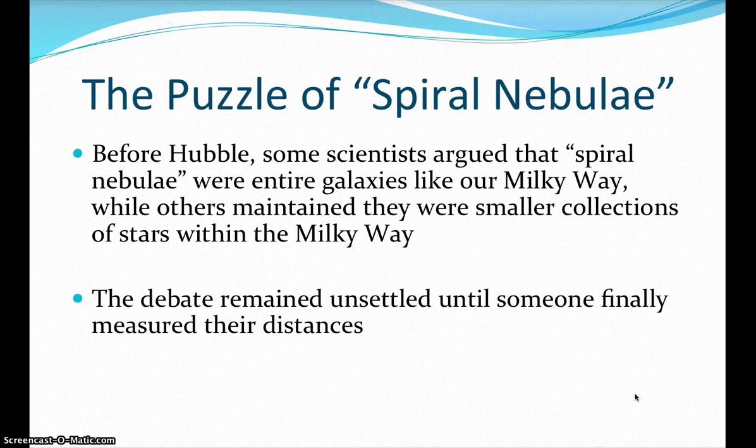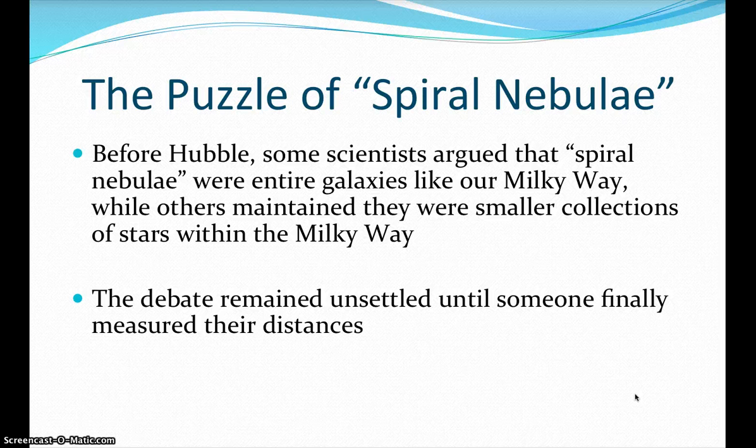Basically, before Hubble came along, some scientists argued that the spiral nebulae we're seeing in the sky were actually within our own Milky Way galaxy. Other astronomers felt that they were actually galaxies like the Milky Way, which were outside of our own galaxy. So there was a little bit of disagreement.